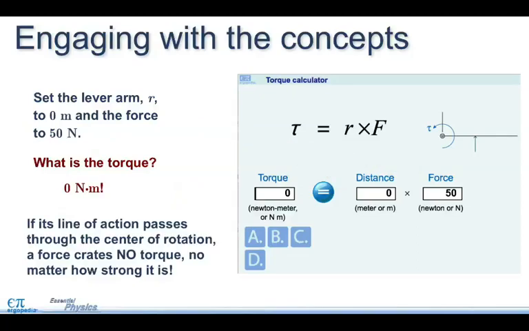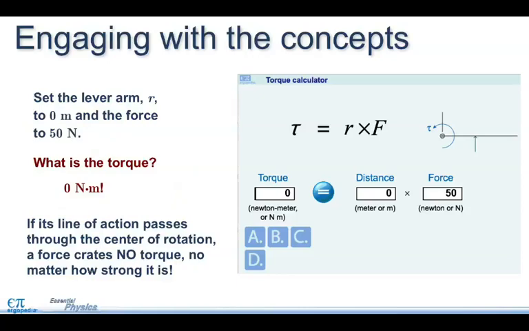Remember, the moment arm is the perpendicular distance from the pivot point to the line of action. The resulting torque in this case is 0. Since you said that the distance for the moment arm is 0, the line of action, and therefore the force, passes right through the pivot point. Therefore there is no torque and no rotation.